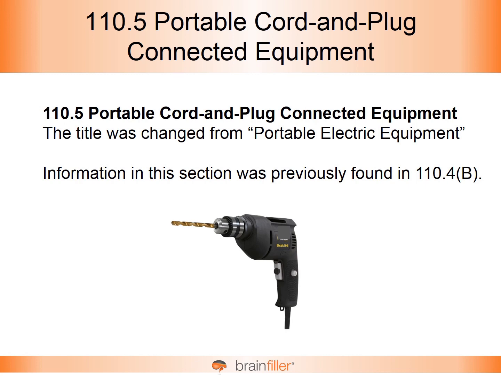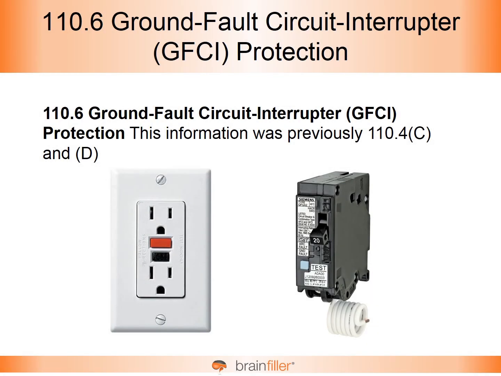It used to be portable electric equipment, and now it also added the cord and plug reference. The information in this section was previously found in 110.4b. GFCI protection, or ground fault circuit interrupter protection, as it's referred. This information was previously located in 110.4c and d, and was relocated to 110.6.